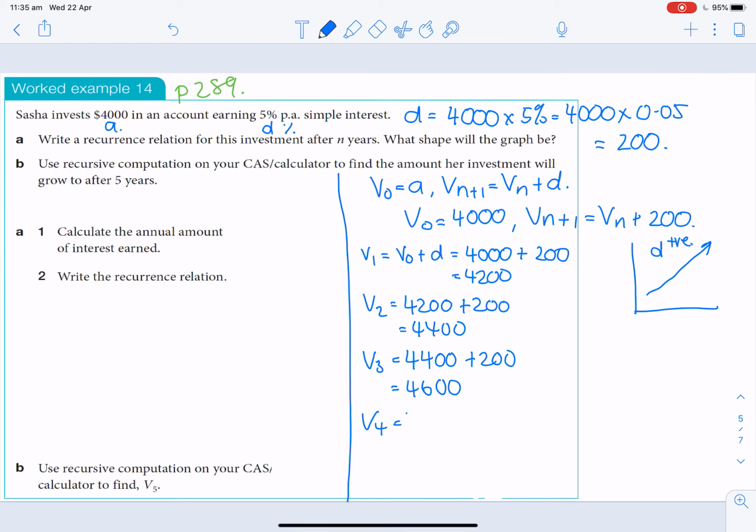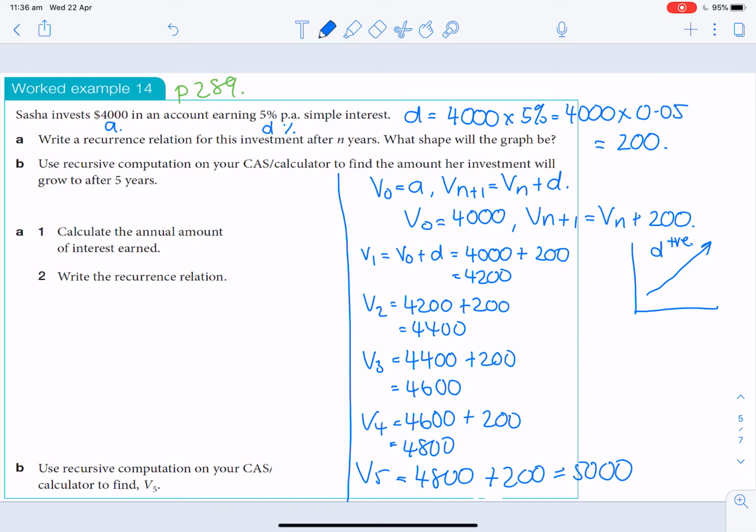V of 4 equals 4,600 plus 200 gives me 4,800. V of 5 is 4,800 plus 200, giving me $5,000. So the value of my investment after 5 years will be worth $5,000.